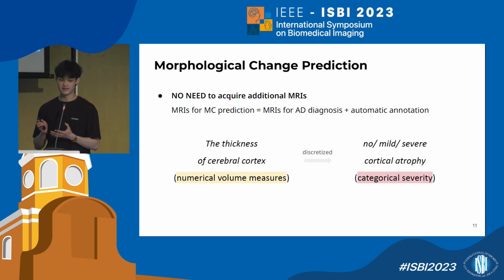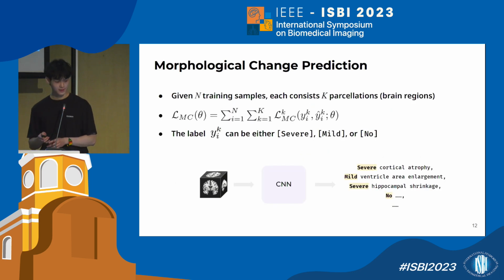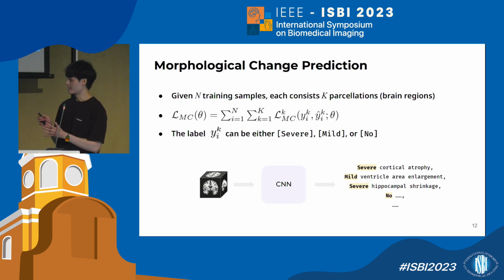What we did is we take the same MRI data set for AD detection, and for every brain region in the MRI scan, we categorize them into 3 severity classes according to their volume measurement automatically. For further details on the annotation process, please refer to our paper. During training, the model is given a patient MRI scan, and it's trained to predict the morphological features, the severity level of a brain region's atrophy or enlargement.